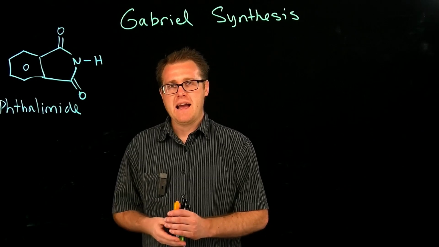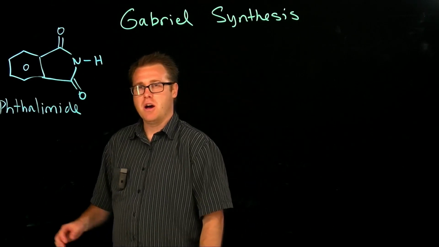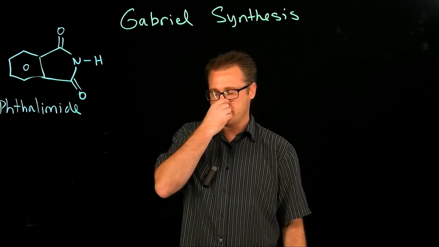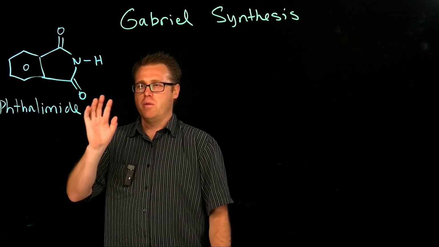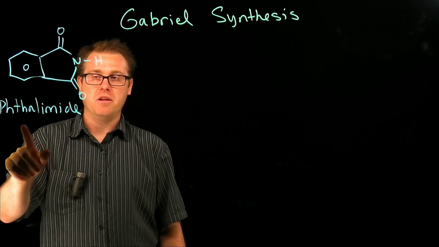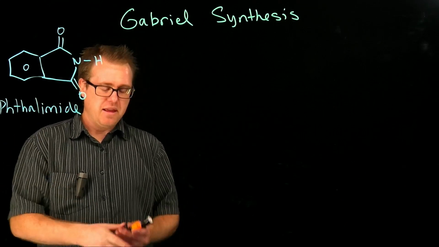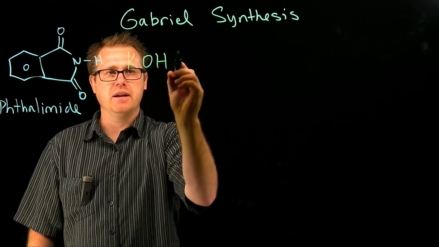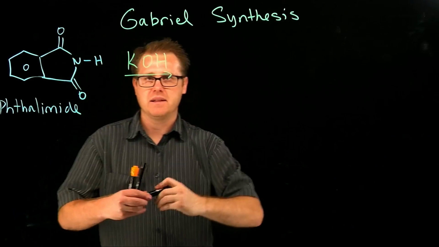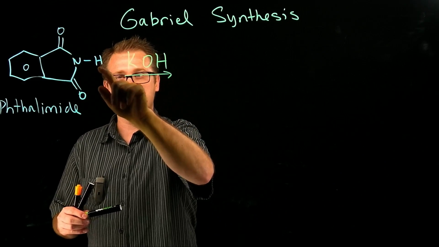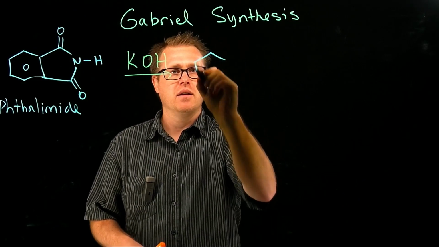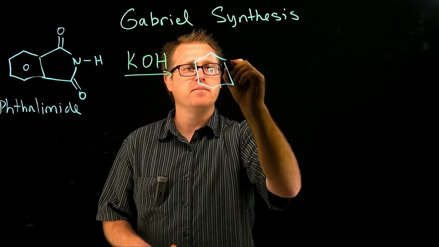Remember when we looked at trying to make amines with ammonia and then you make a mixture of compounds? Well, with this molecule called phthalimide, if you take phthalimide and you treat it with potassium hydroxide, which is a strong base, that base is going to abstract that proton, and it's going to give us this product right here.